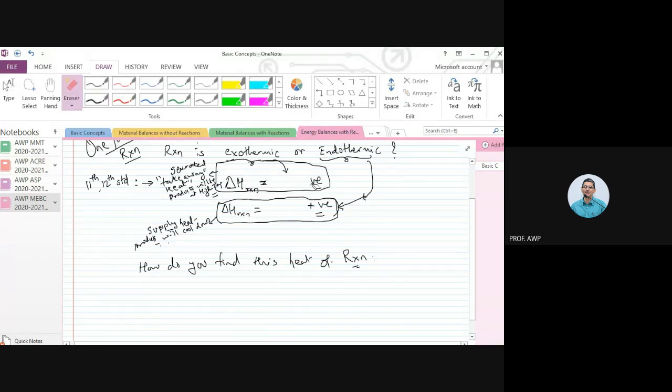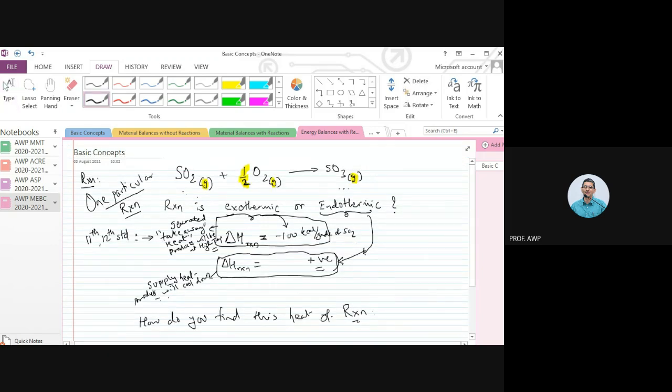Suppose the heat of reaction is minus 100 kilocalories per gram mole of SO2.